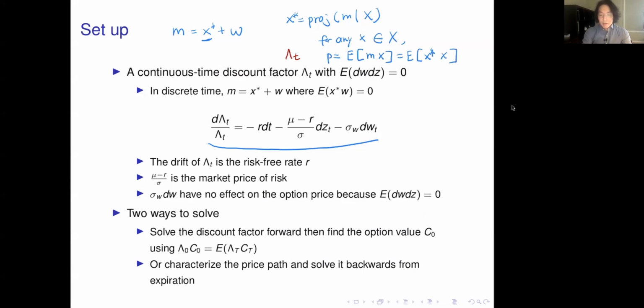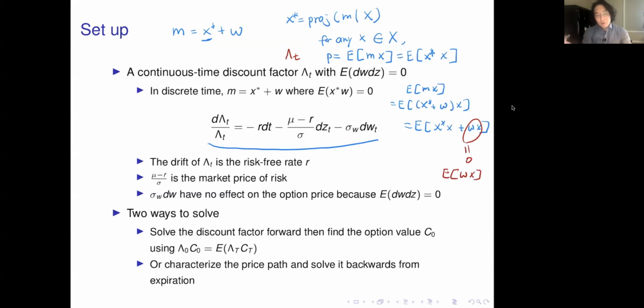Because this one will be zero, because w is the orthogonal component to the payoff space, right?